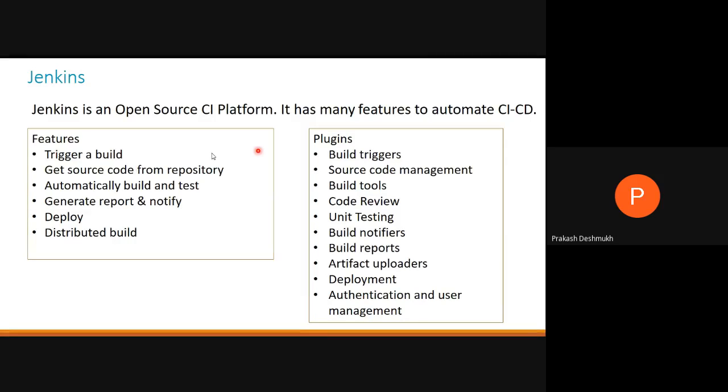So these are some plugins at the right side. Build triggers, then source code management, and build automation plugins along with build tools. Those are available for all sort of build tools, which I was mentioning, like Maven, Bamboo, TeamCity, RTC, and all those. So it's available for all types of build tools. Then source code management plugins are available, code review plugins are available. And also unit testing, build reports, notifiers, artifact uploaders.